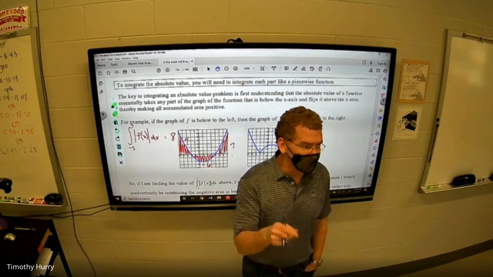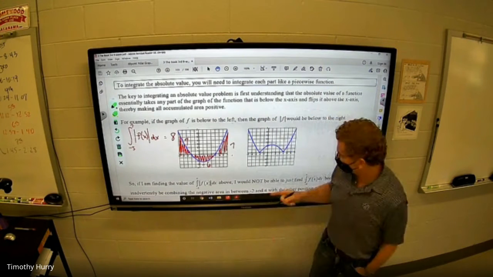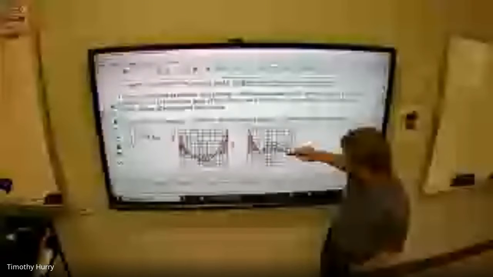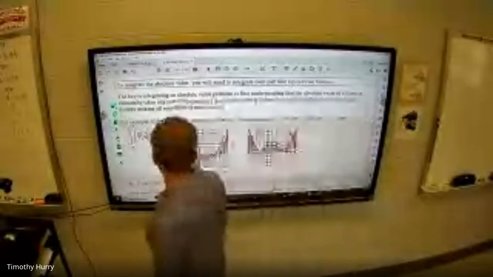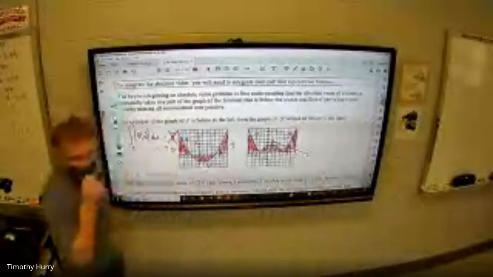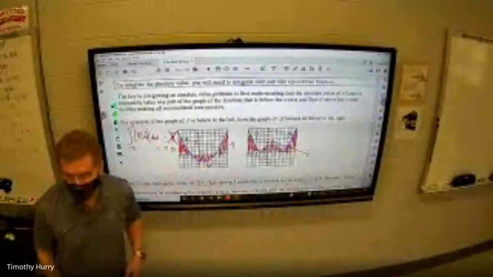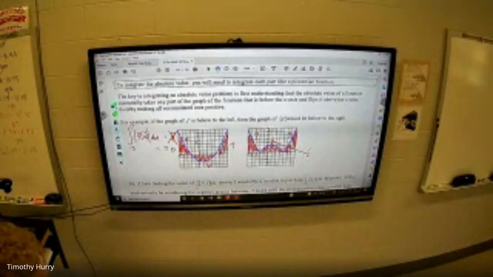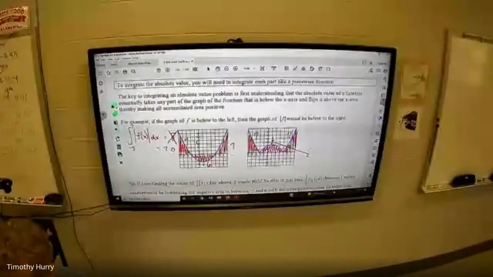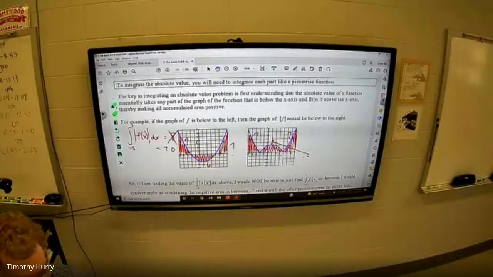But what you really wanted to do was accumulate that positive and that positive, which is not going to give you 8. It's going to give you 20. Now, if you have a calculator, all day, if you have an 84, the absolute value button, if you need to integrate an absolute value, get the integral on your screen, right?